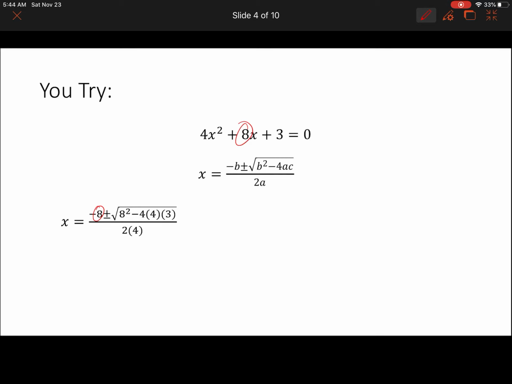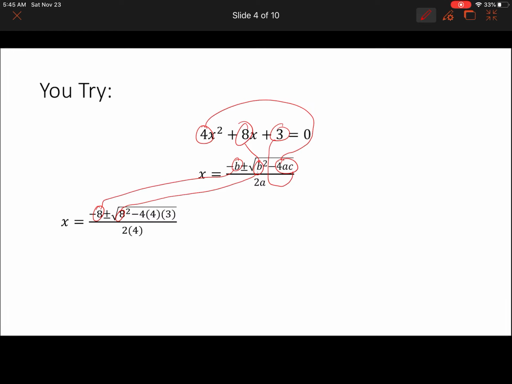Okay, substitute your value. This came from b minus b. This came from this, b squared, minus 4ac.